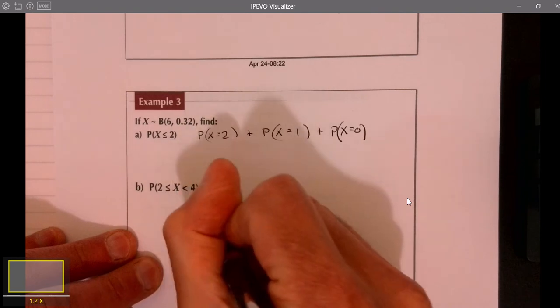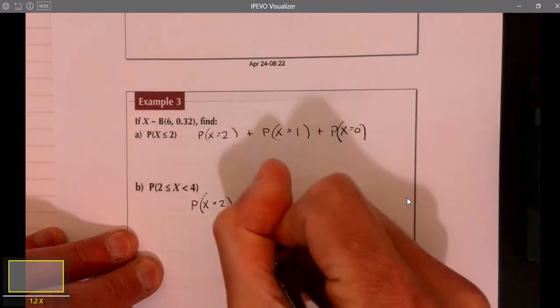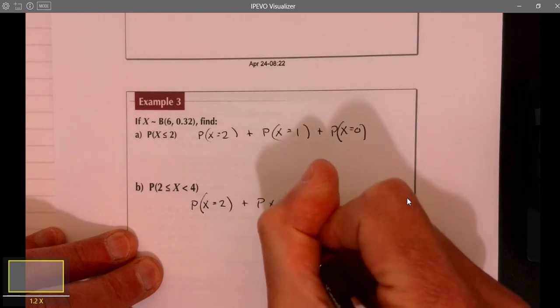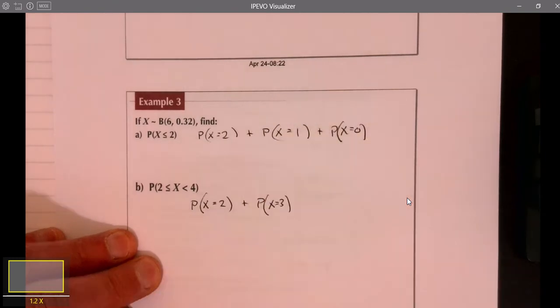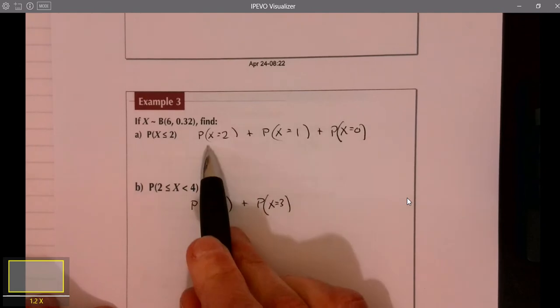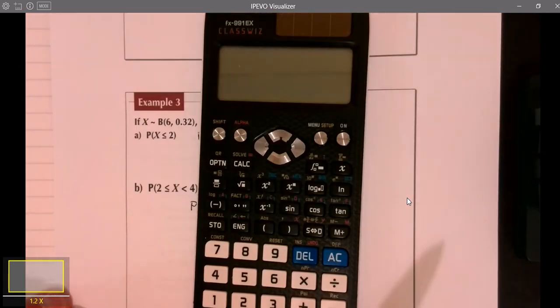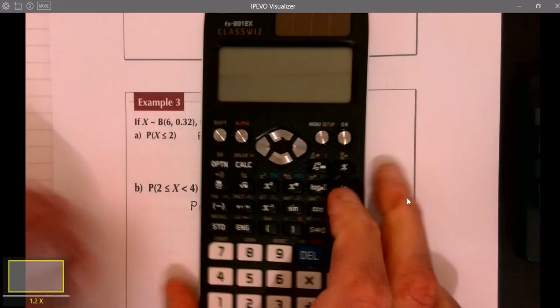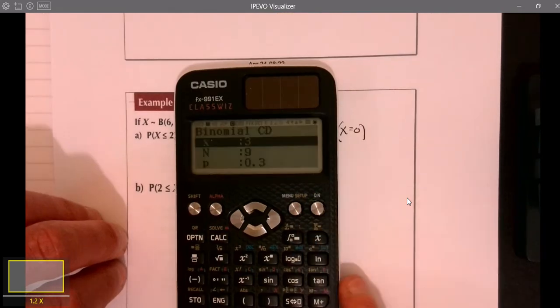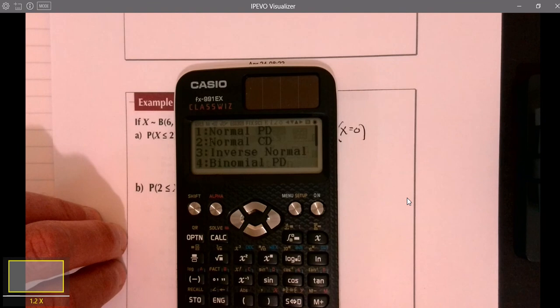So this one is the probability that x is equal to 2 plus the probability that x is equal to 3. Now there are different ways of doing this. This one, it's probably easiest to just pop it into the calculator. Let's quickly try it to see how we can do that. We go to number 7.